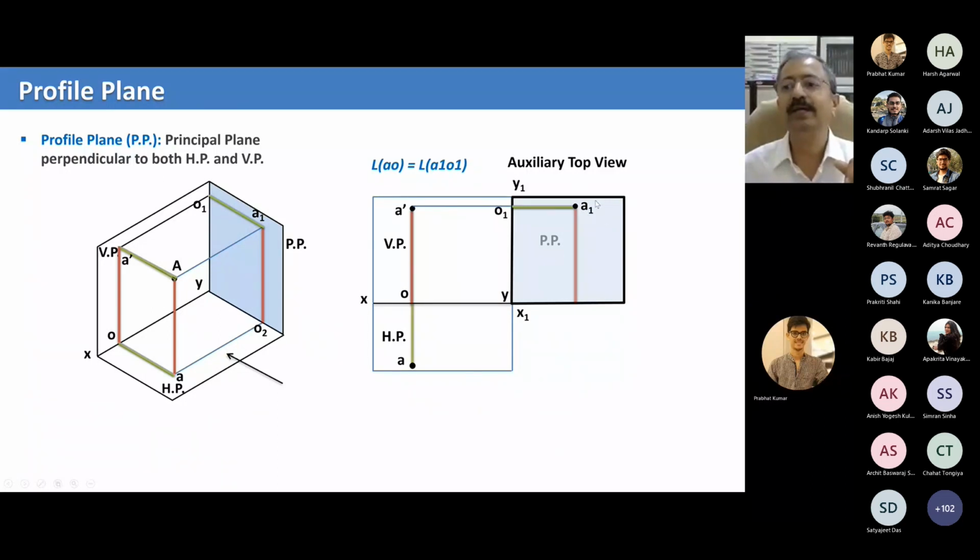And this point A1, which you get in this view, becomes your projection of the point A on what is called the profile plane, which is at 90 degrees. This view, which we get on a profile plane, the 90 degree auxiliary inclined view, is nothing but what is traditionally called the side view.